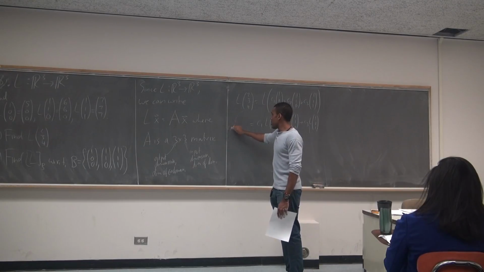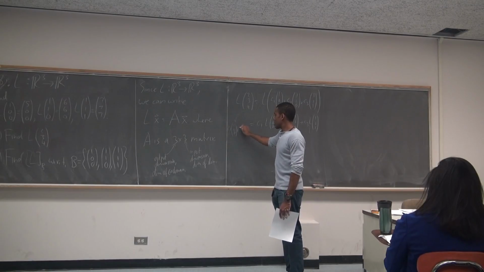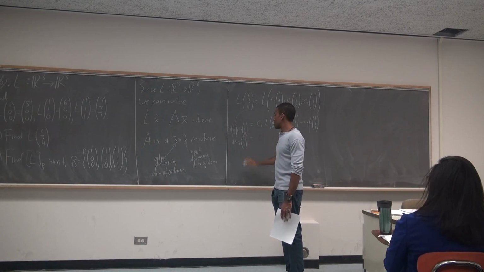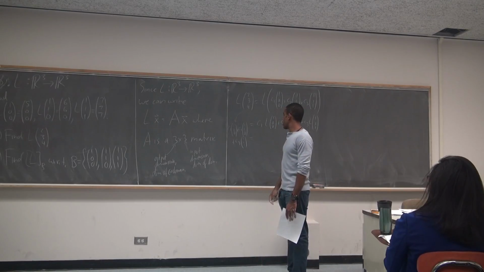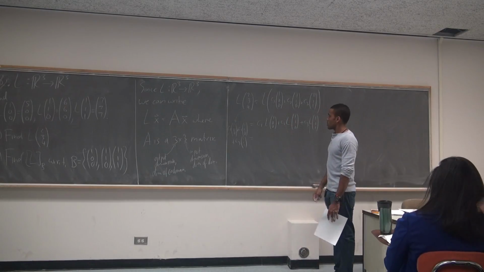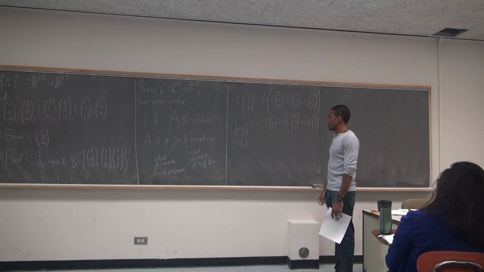You're saying this is C1, plus C3 times that. Yeah, that's going to be (2, 3, 4). We can find what C1, C2, and C3 are. After you find that, we're going to plug that into the right side of the equation. Those equations are different.